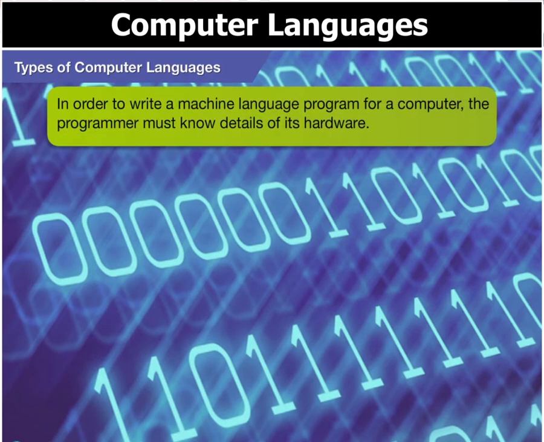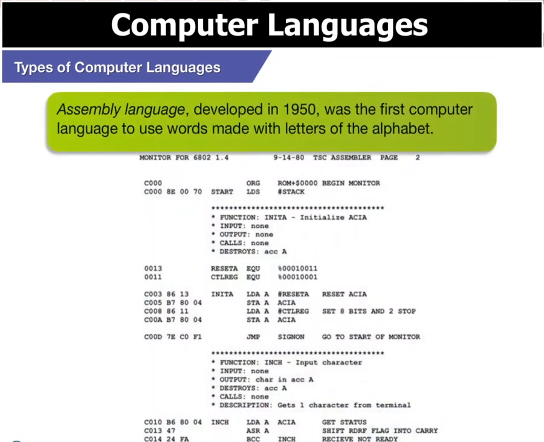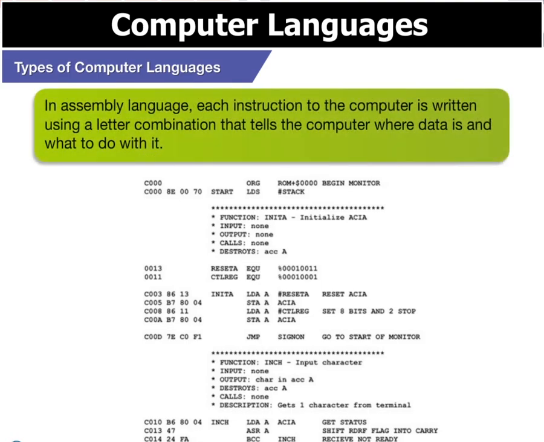In order to write a machine language program for a computer, the programmer must know details of its hardware. Assembly language, developed in 1950, was the first computer language to use words made with letters of the alphabet. In assembly language, each instruction to the computer is written using a letter combination that tells the computer where data is and what to do with it.